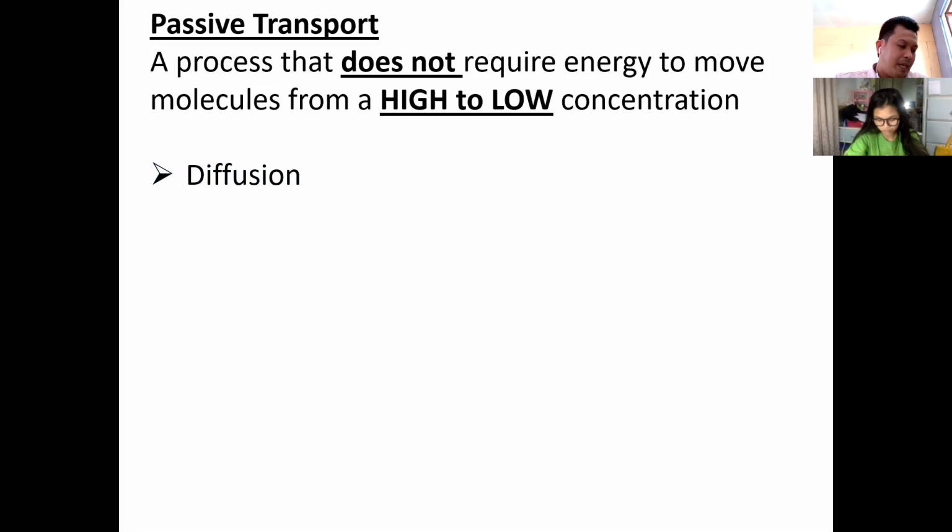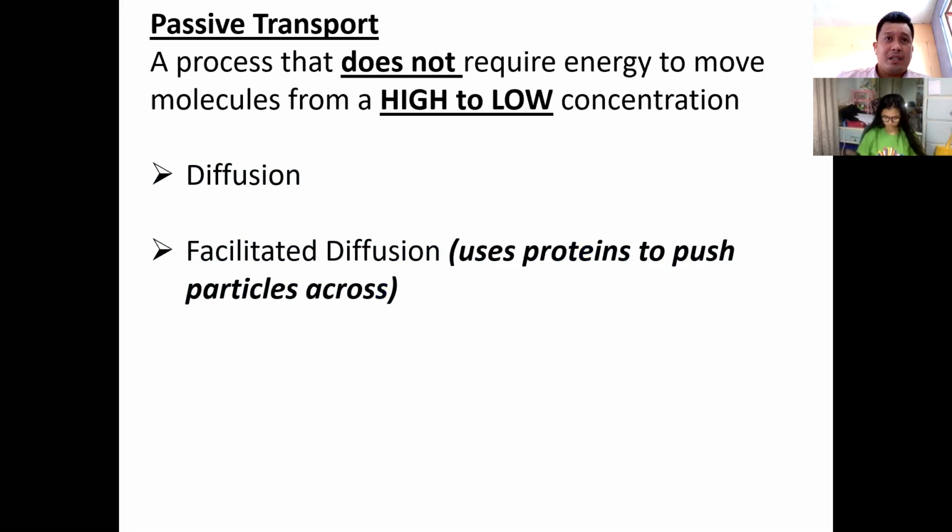The first one there would be diffusion or simple diffusion. We also have facilitated diffusion, which uses the protein channels, the carrier and the channel proteins. And we also have osmosis.